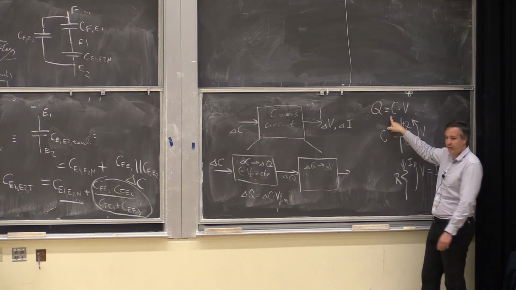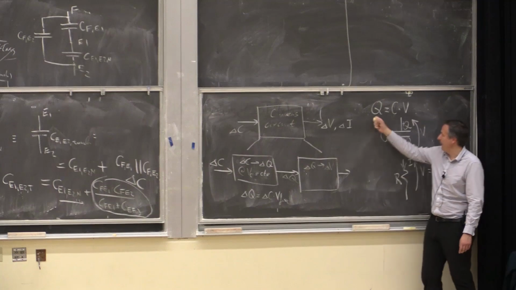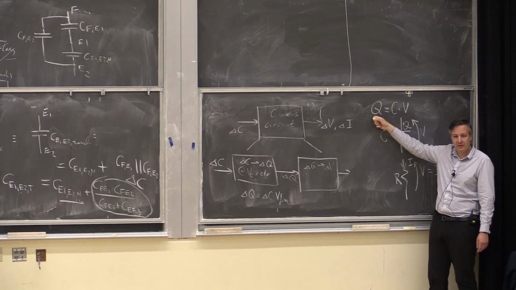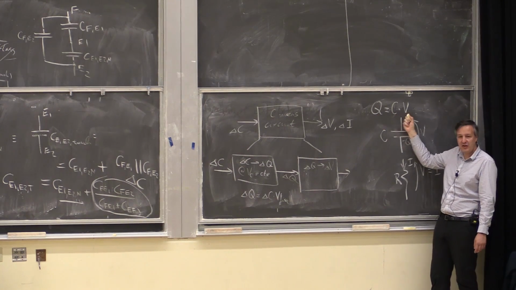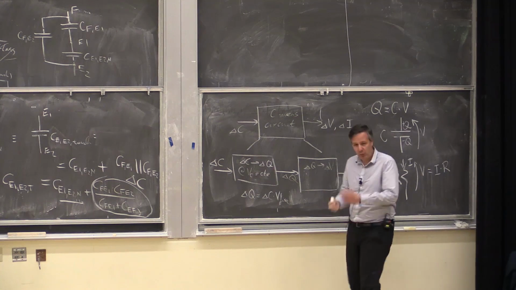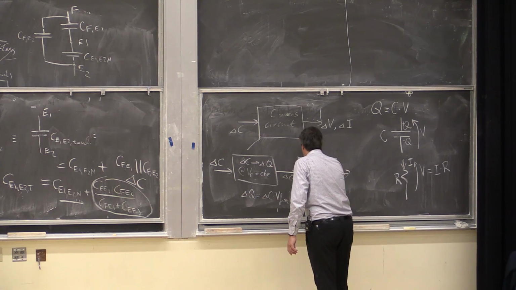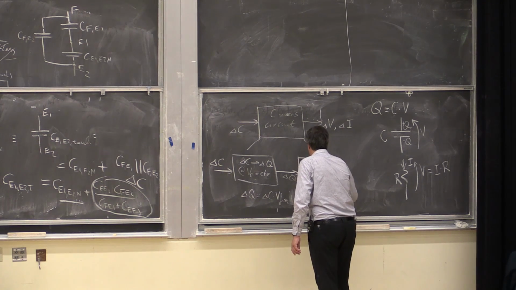So again, in this other block, I have charge that has changed, and I want to see a change in voltage. So what should the capacitor be? Constant, right? So this is some other capacitor that I'll be using, at C fixed.